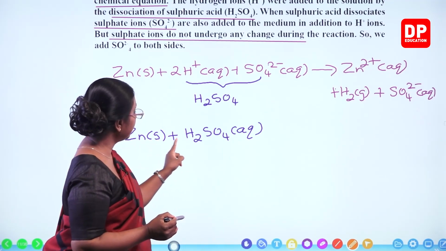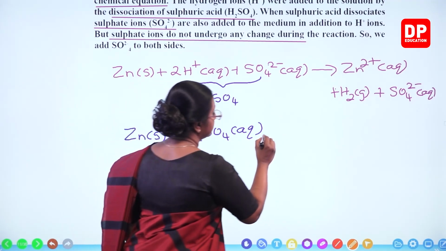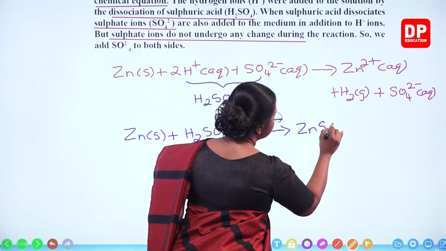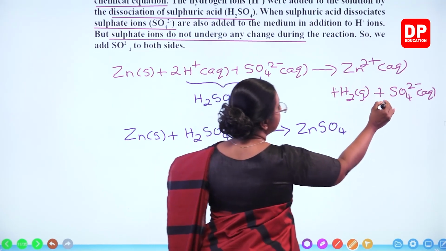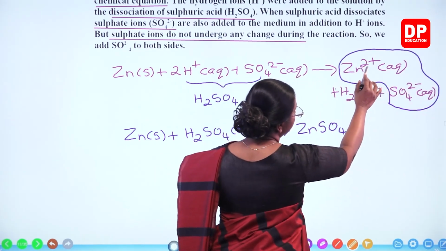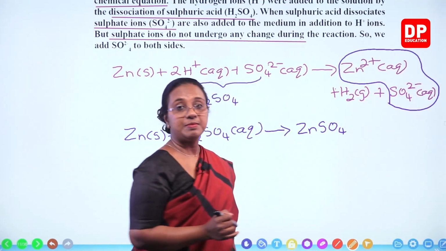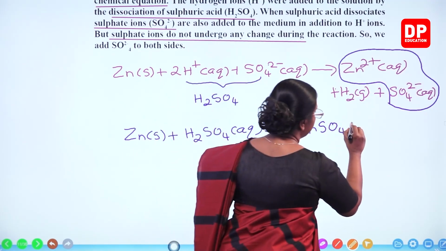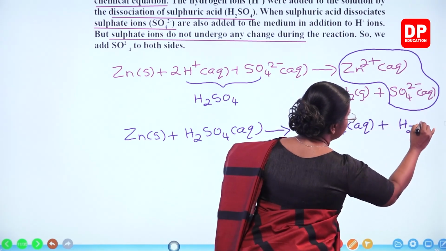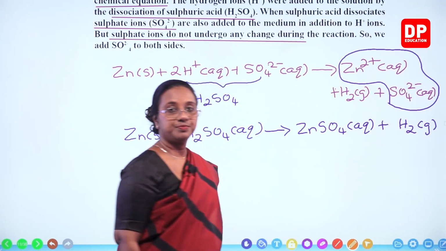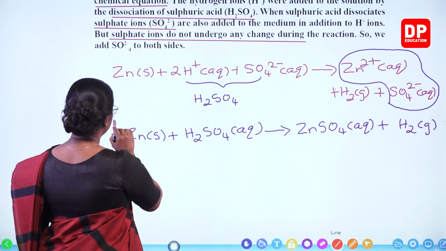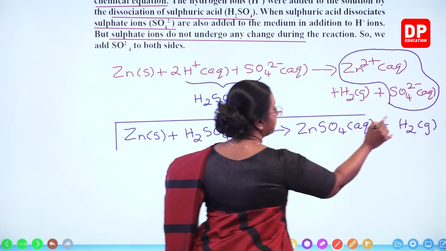So Zn solid plus H2SO4 aqueous giving rise to ZnSO4. Again, Zn 2 plus and SO4 2 minus together, 2 plus 2 minus. So that becomes ZnSO4 aqueous and H2 gas. Is that clear to you all? So this is the balanced chemical equation.